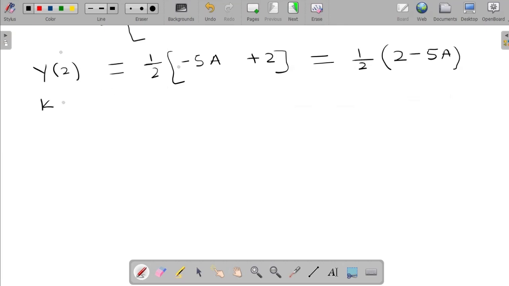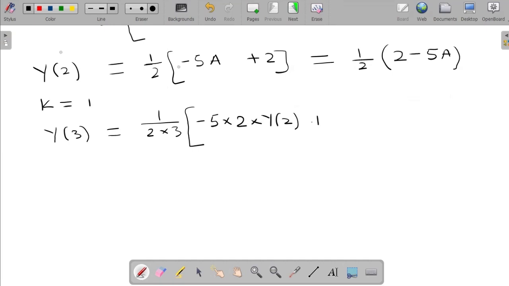When k is 1, we'll have y of 3 equals 1 over 2 times 3 into negative 5 times 2 times y of 2 plus Kronecker delta 1, 0, plus 1 over 1 factorial.